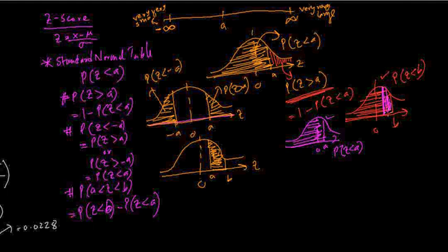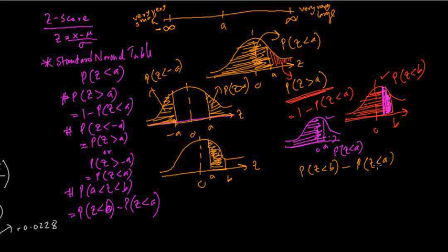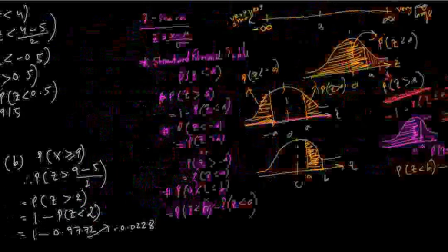Because from here, if you remove this, only this thing would be removed. So that's why we can write it down as the probability z is less than b, the larger area, minus the probability of z is less than a, the smaller area. So these are all done by symmetry and the concept of geometry. So that's all it is happening. We are actually flipping the picture this way and that way and changing it, but if you just remember the basic rules, you can just do it straightforward.